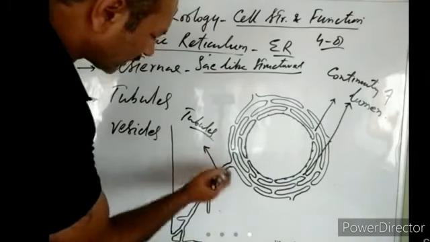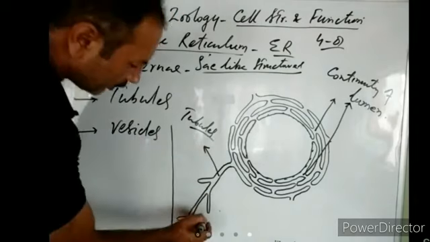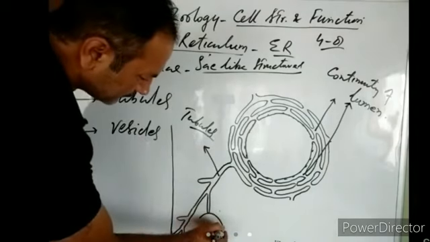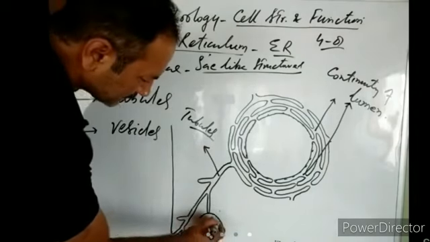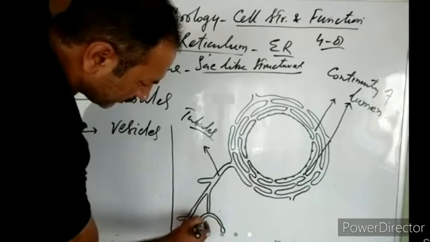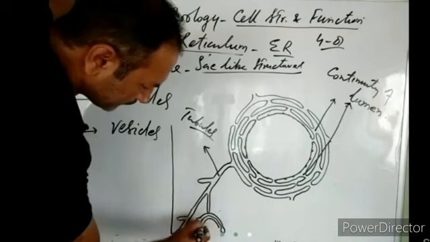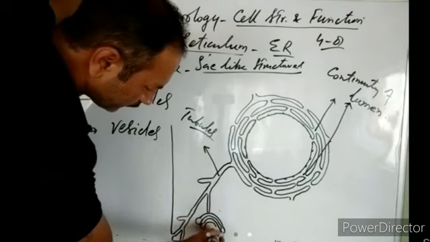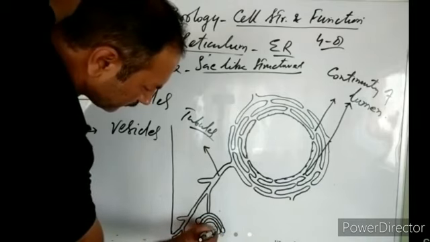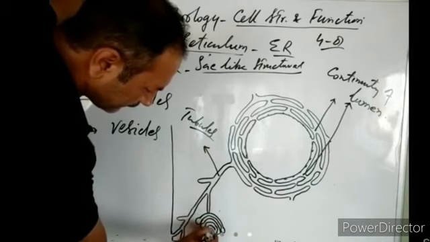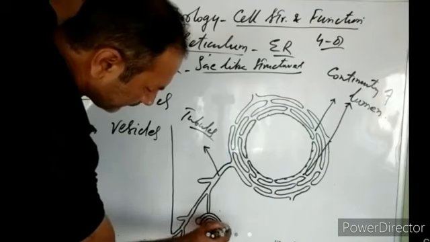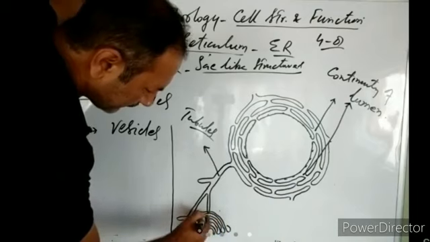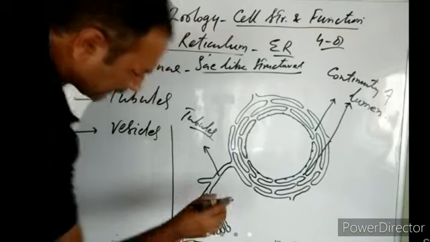They may join with the plasma membrane, or they may join with the Golgi body. Right?